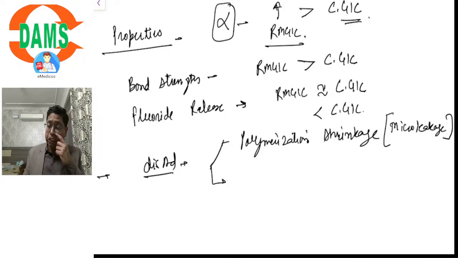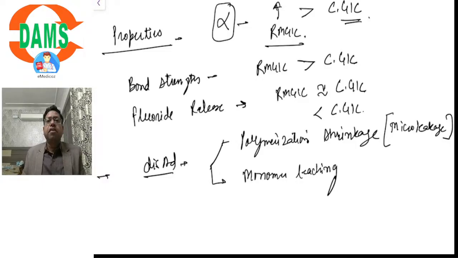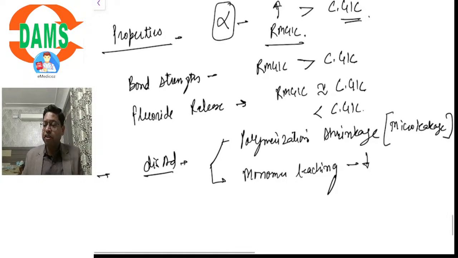The second disadvantage is related to monomer leaching. You know that 100% conversion of monomer to polymer never occurs. So in a set resin modified glass ionomer cement, there would be monomer present. This monomer leaches out, and this leaching of monomer decreases the biocompatibility of the cement.